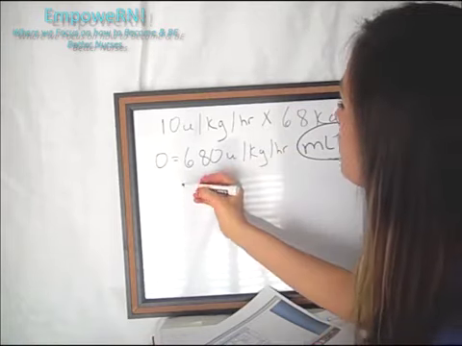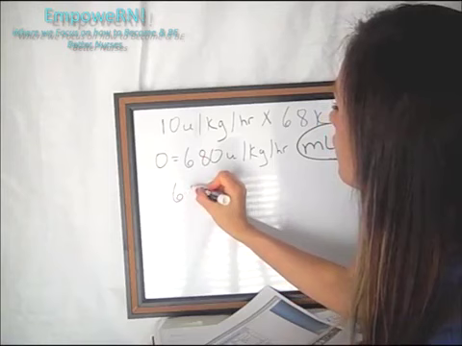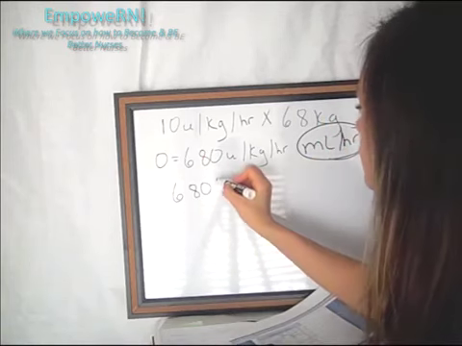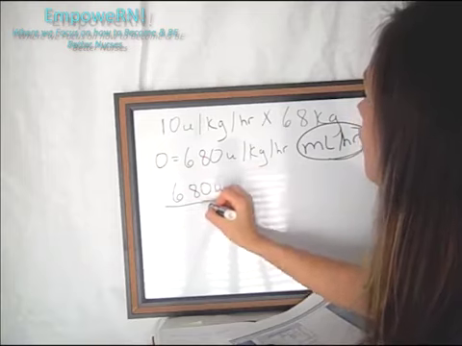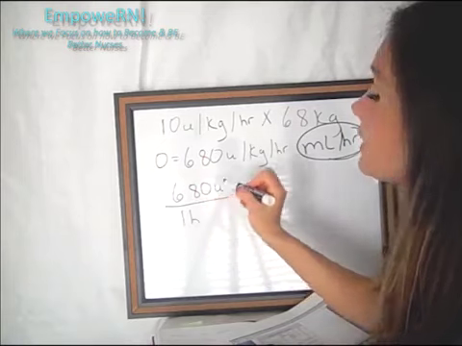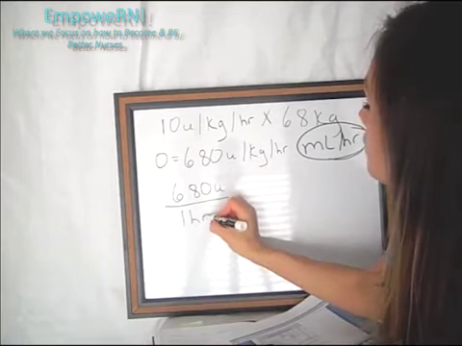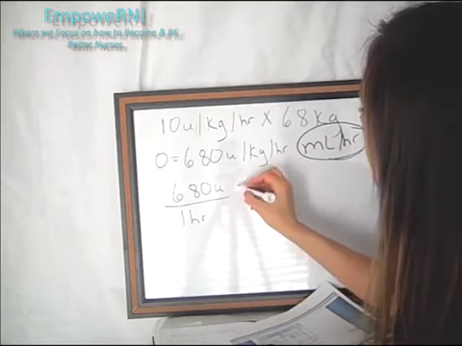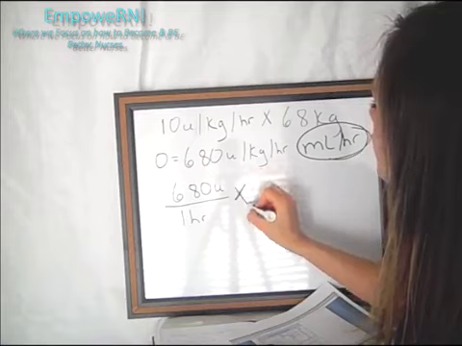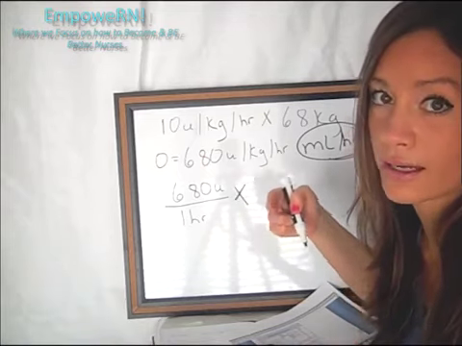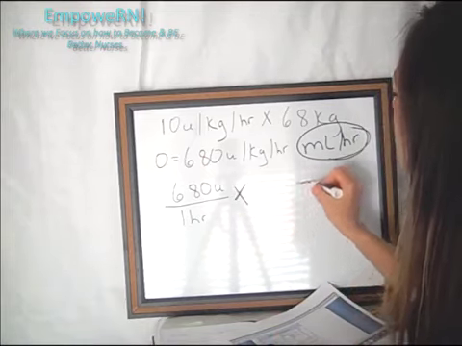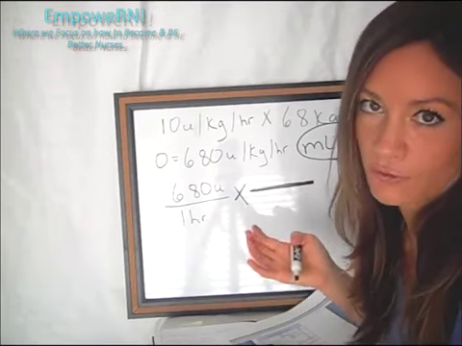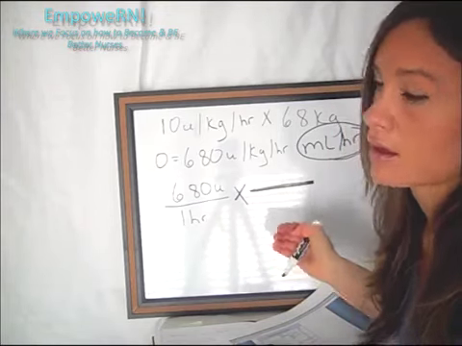So let's do 680 over 1 hour, because that's our ordered dose. That's how many units they need to get in 1 hour. So we're going to times that by our on hand, which is the only one that I've ever seen for heparin drip, 25,000.